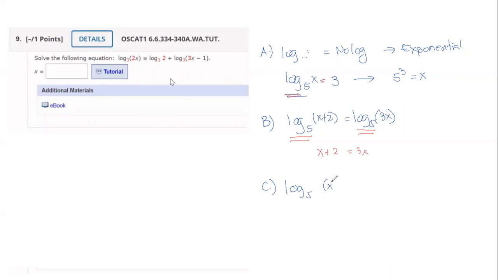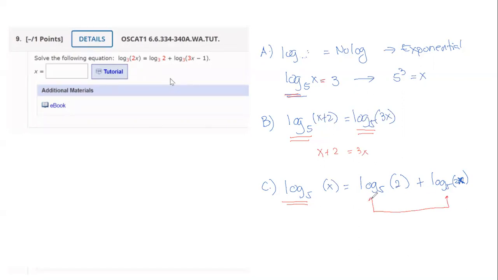Log 5 x equals log 5 of 2 plus log 5 of 2x. On the left side of the equal sign, you have one log, but on the other side, you have two logs.